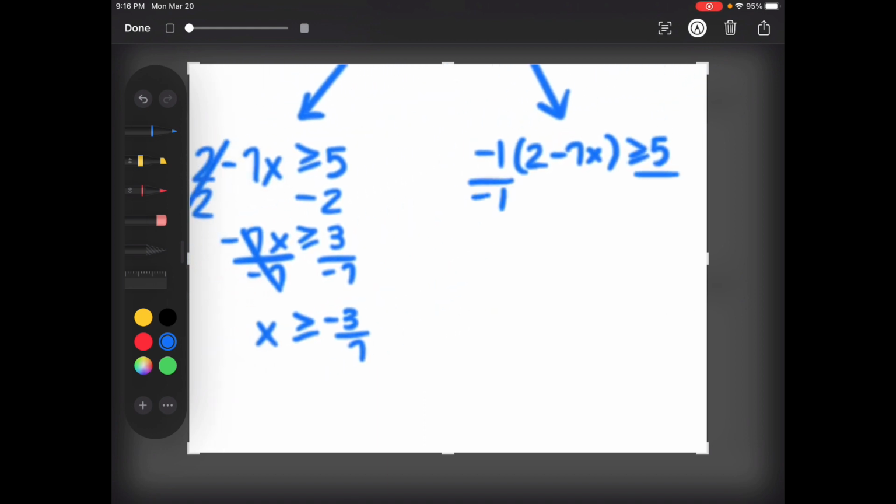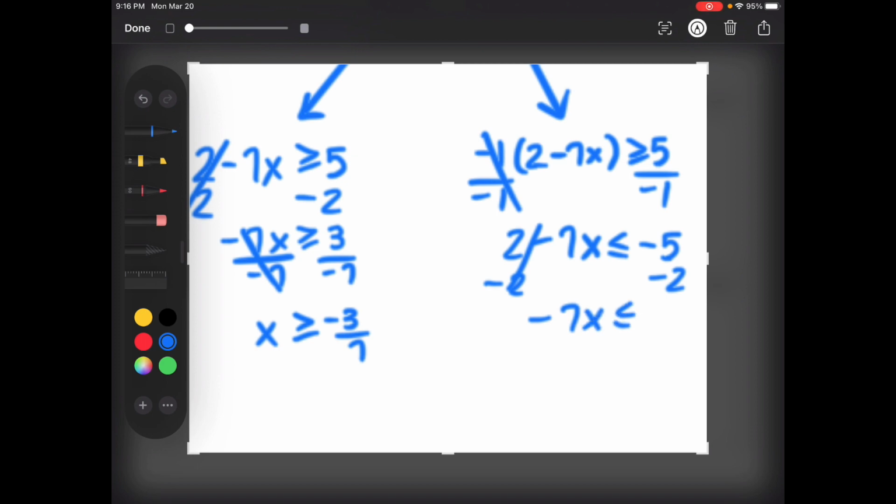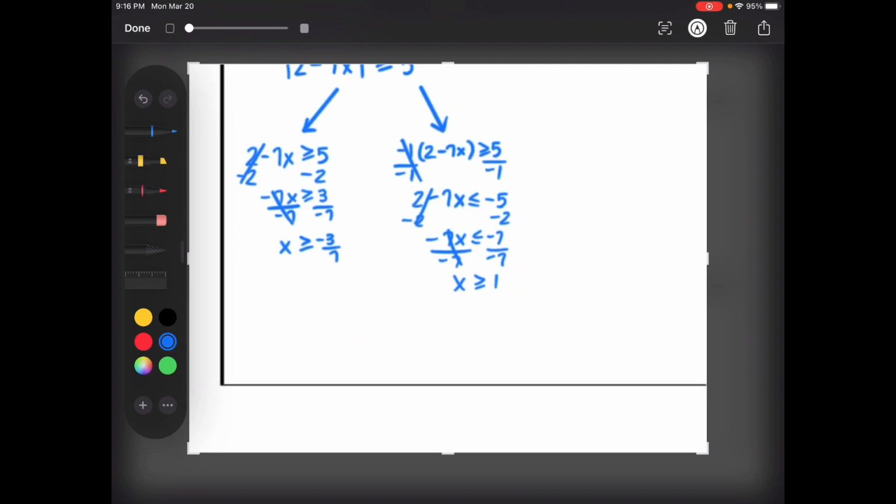Over here, I'm going to divide by a -1. And when I do that, remember, I have to flip my inequality symbol because I divided by a negative. Now I'm going to subtract the 2 and divide by the -7. And I end up with something like that.